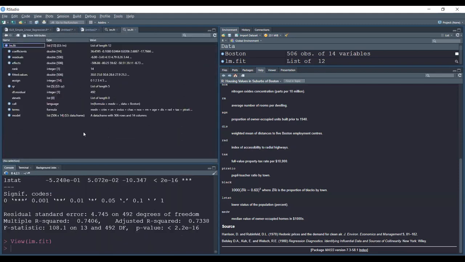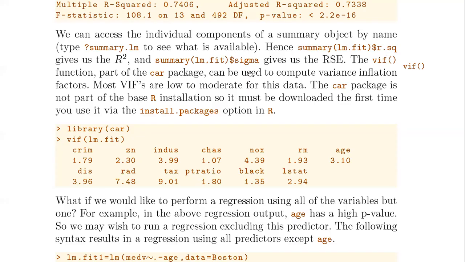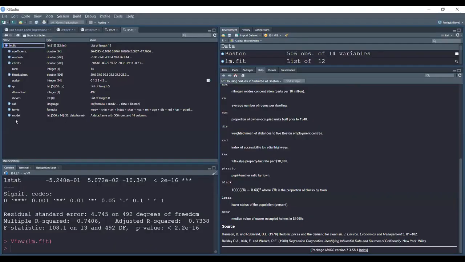So you get to see all of them. That's interesting. If the book didn't mention sigma, how would you know that there actually is sigma over here?